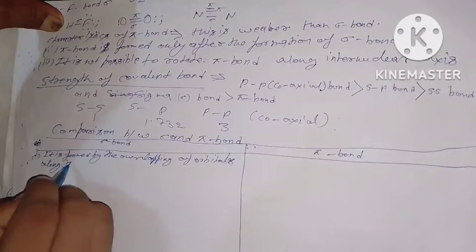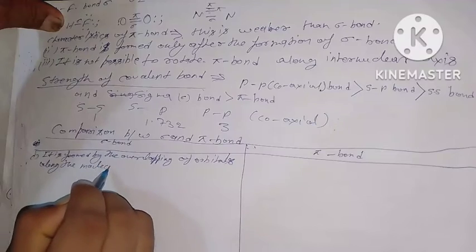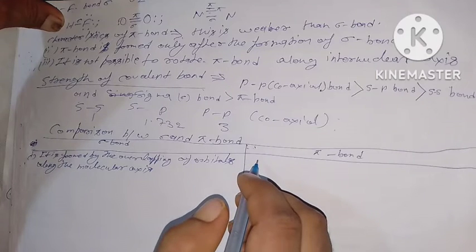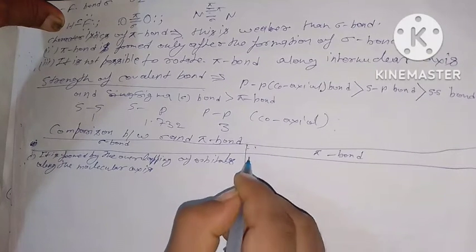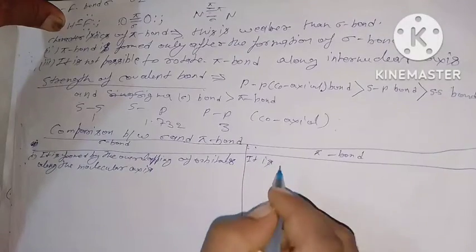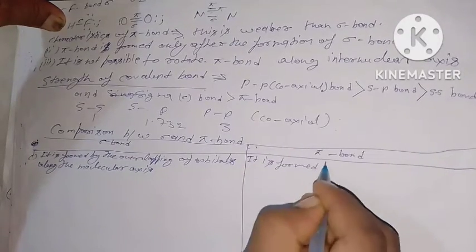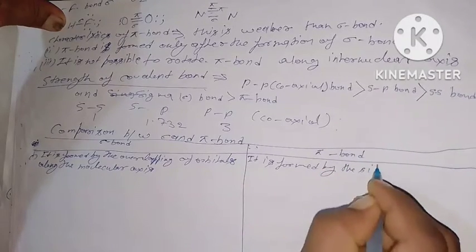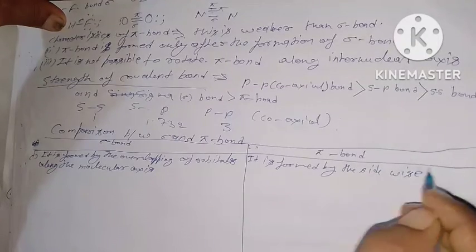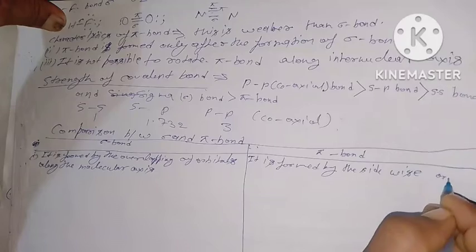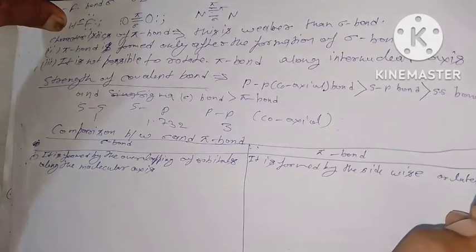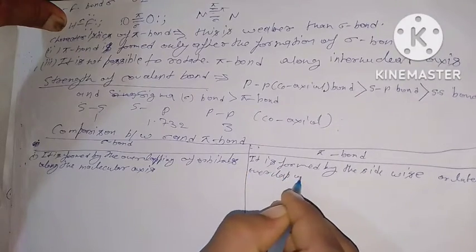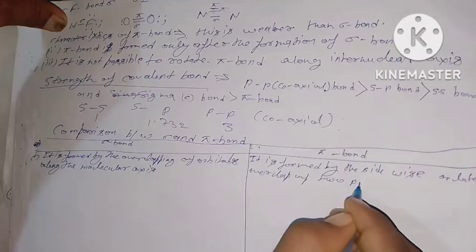As compared to this, a pi bond is formed by the sidewise or lateral overlap of two p orbitals.